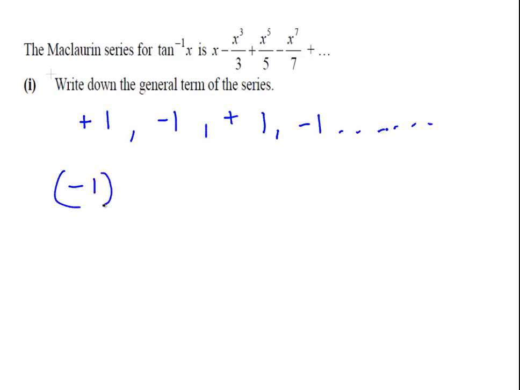So minus 1 to the power of n, what would that be? Well, that would be minus 1, 1, minus 1, 1, and so on. That is, minus 1 to the power of 1, minus 1 squared, minus 1 cubed. I should really put them in brackets. Minus 1 to the power of 4.